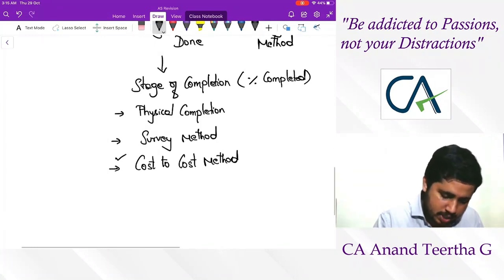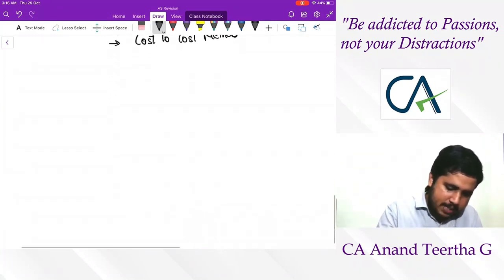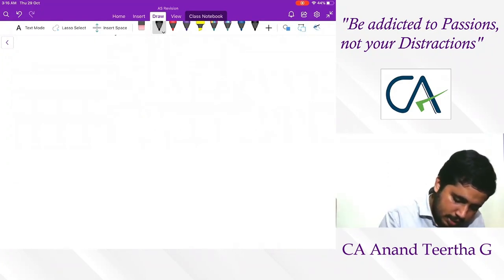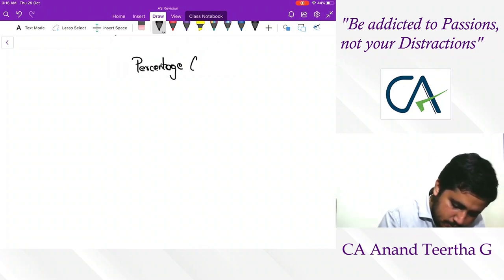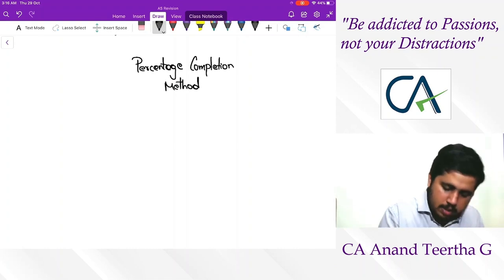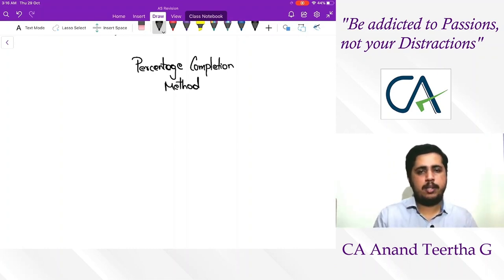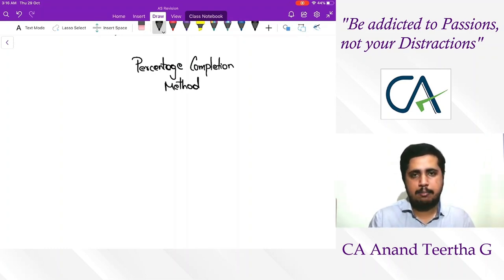Now, a question comes: is the percentage completion method application practical all the time? Okay, see, the point is very simple. In percentage completion method, what is happening?